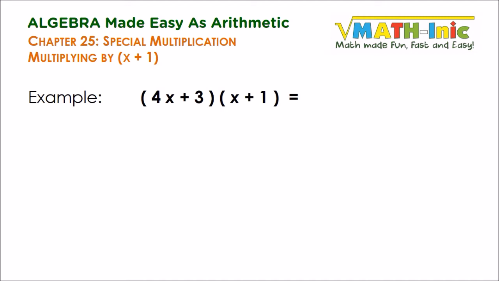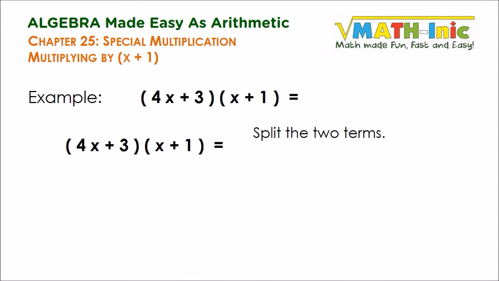4x plus 3 times x plus 1. This is very similar to multiplying a two-digit number by 11. So the first step would be to split the two terms, 4 and 3, and since we're multiplying by x plus 1, the degree of x is increased by 1.